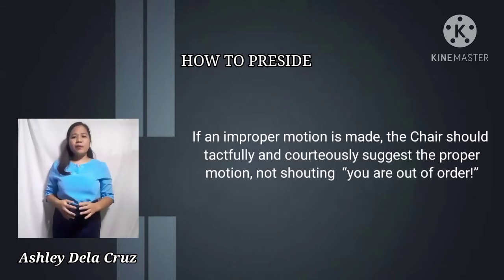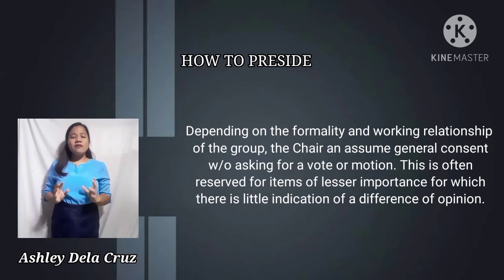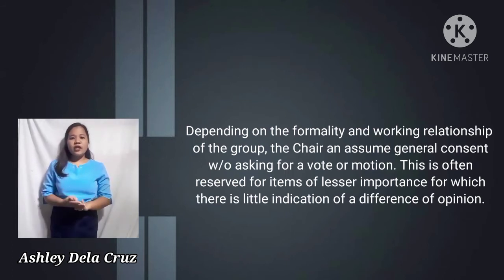If an improper motion is made, the chair should tactfully and courteously suggest the proper motion, not shout, "You are out of order." Depending on the formality and working relationship of the group, the chair can assume general consent without asking for a vote or motion.